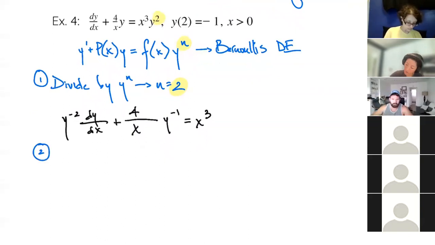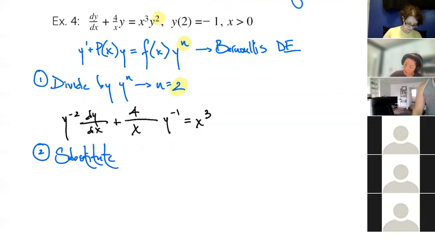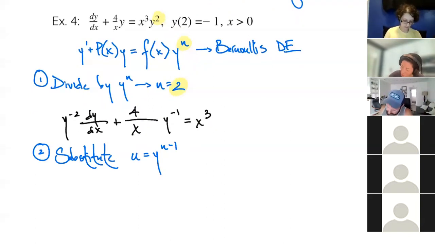So what we're gonna do is we're gonna substitute. Everywhere we see y to the n minus 1, so in our case, y to the first power, we're going to go ahead and let that be the letter u, okay?